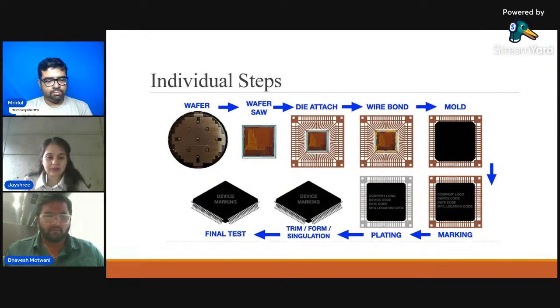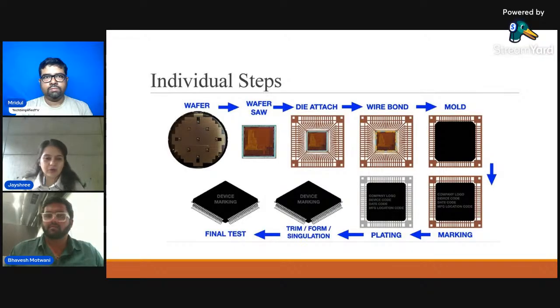Let's start with the individual steps. Firstly the wafer, and then wafer sawing methods. Wafer sawing is how to cut the wafer into individual dies, and then comes the die attach. What is die attach? Think of a gum and a paper, or a glue gun, sticking onto something. That is die attach. Then what is wire bonding?